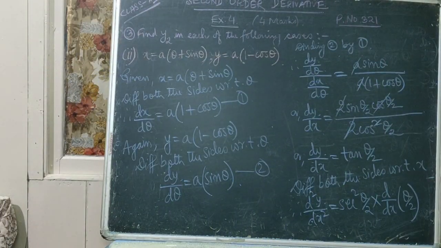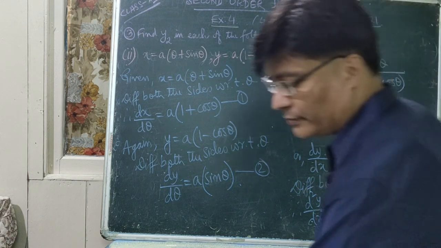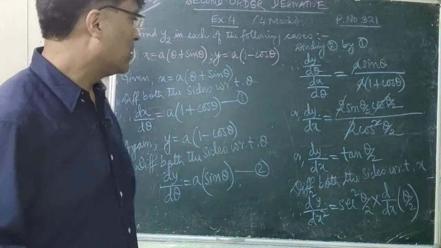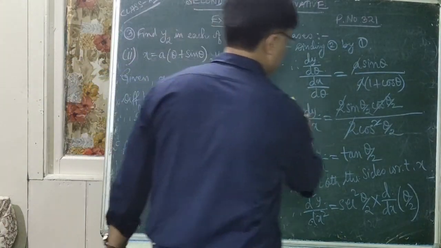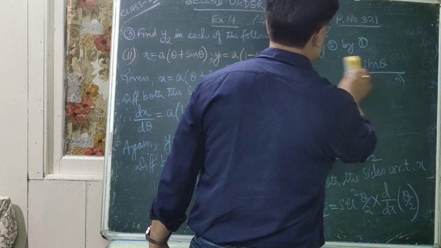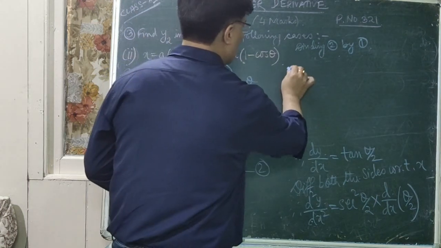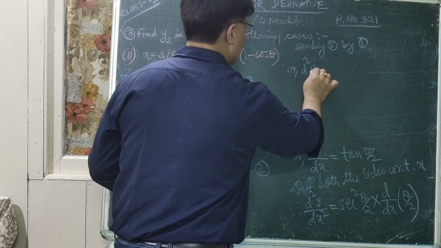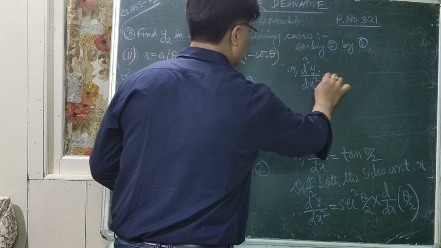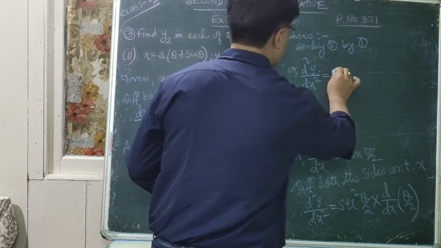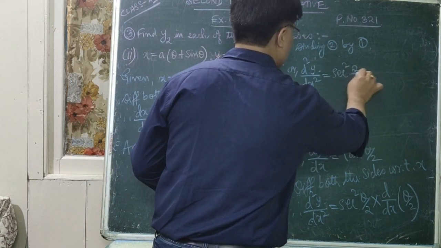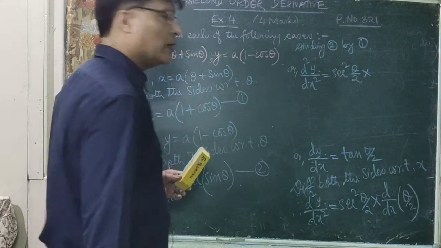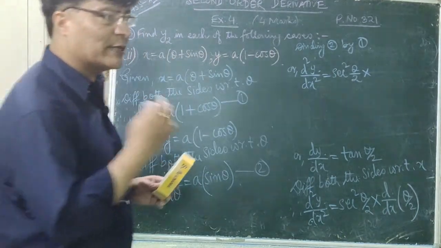So in the next step, we have to find out dy dx of theta by 2. Okay. So now let us find it. So d2y by dx square is equal to sec square theta by 2 into, now what is dy dx of theta by 2?